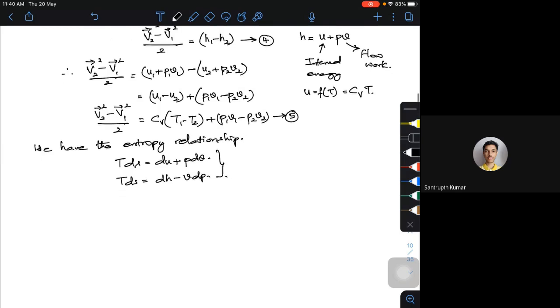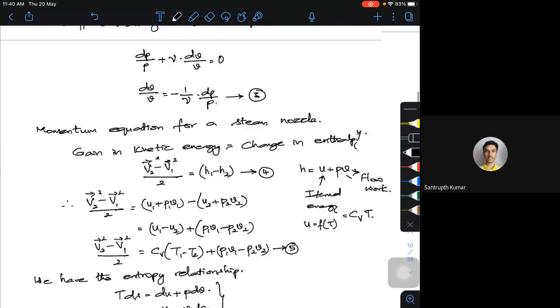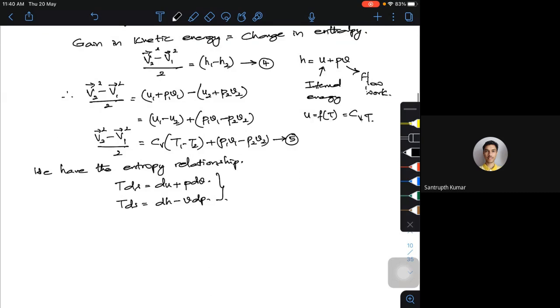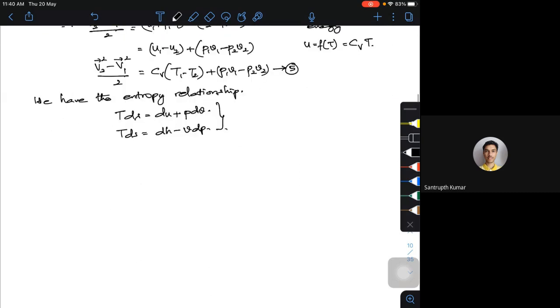Now for the nozzle flow, if ds is equal to 0, what is it? For an isentropic flow, your change in entropy is equal to 0. So I'm going to use the TDS equation in terms of enthalpy.